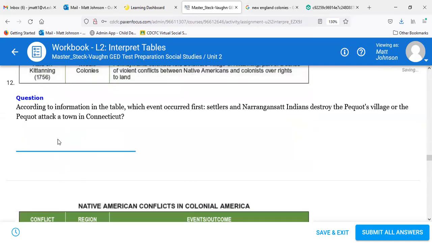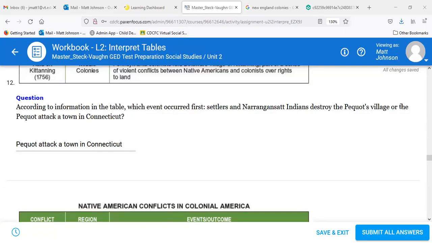So let's see if I can spell this all out here. It's the Pequot attack a town in Connecticut. I think that's right. I think it actually says it over here.